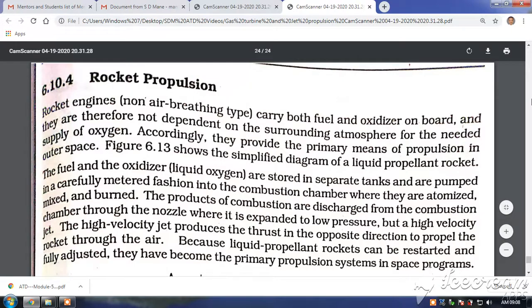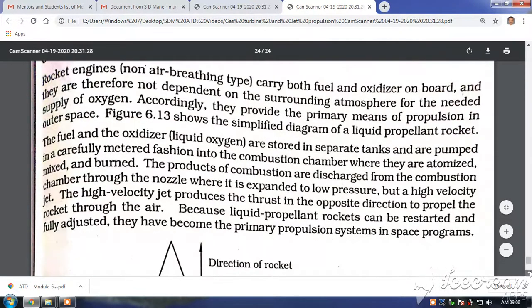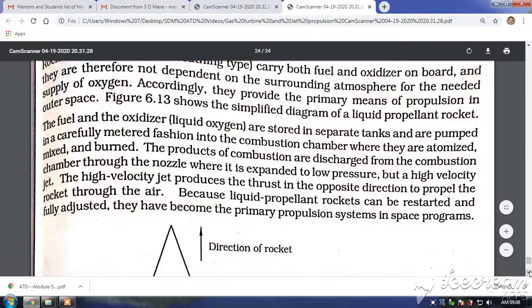We will see a simplified diagram of a liquid propellant rocket engine. The fuel and oxidizer, that is liquid oxygen, are stored in separate tanks and are pumped in a carefully metered fashion into a combustion chamber where they are atomized, mixed and burnt.